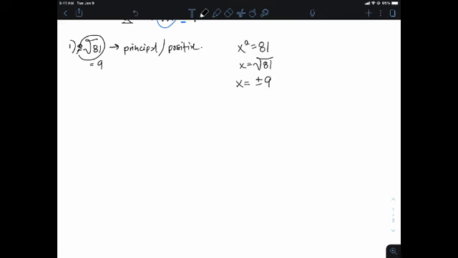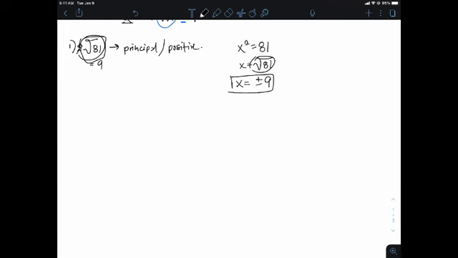So I need to give both versions of that root because 9 squared gives me 81 and negative 9 squared gives me 81. So just remembering, if we take the root of something ourselves in algebra, then we have to give both the positive and negative root. If the root is given to us in a question, then we assume it's the principal root unless we see that positive or negative sign on the outside. So that's the first thing.